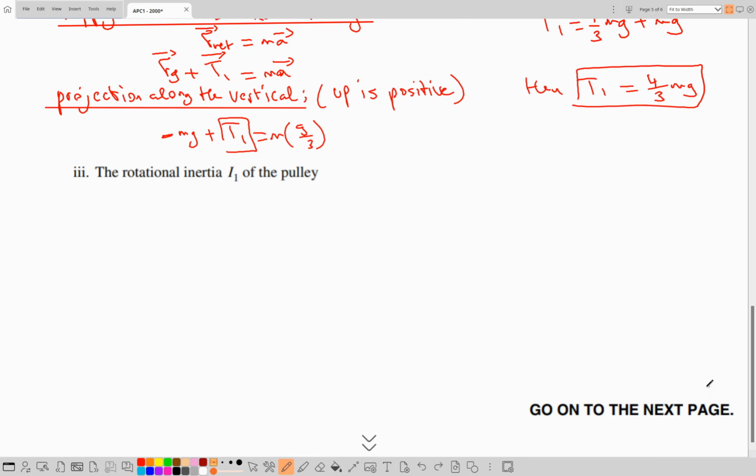Now we're interested in determining the rotational inertia I1 of the pulley, and this can be determined by applying Newton's second law for rotation. So let me say apply Newton's second law for rotation.